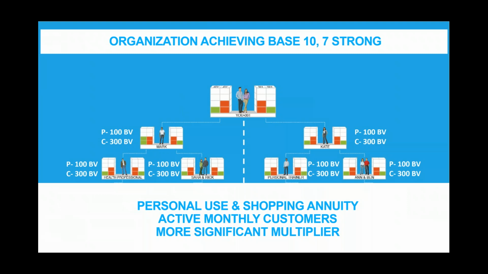So now, when we look at Base 10 7 Strong, there are 7 business development centers on the screen. You've got you, and then you've got 3 unfranchised owners on the left and 3 unfranchised owners on the right. So everyone's doing at least 100 BV personally in MA branded products. And now they each have 300 BV coming in. And certainly with website sales, that's where the BV is coming from.